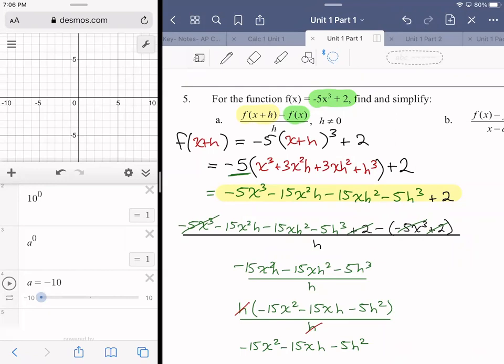But you could see, if you were to compare this to the other problem that we did that involved the power of 3, that we did it a lot quicker. Not because I rushed it, but because we were able to rely on some prior knowledge. And that's going to happen. That's one of the things about the difference quotient that allows it to become easier along the way, to the point where a whole semester will go by, just enough time to forget a whole heck of a lot of the course material.